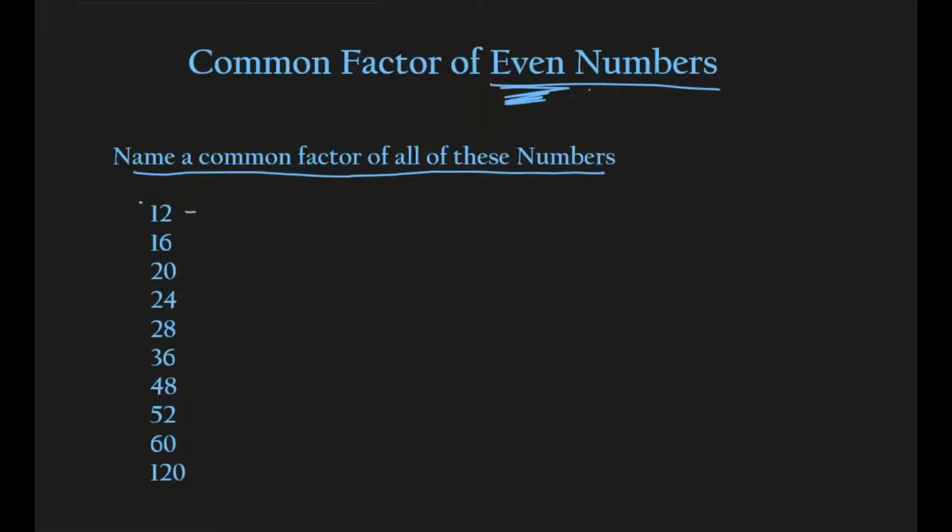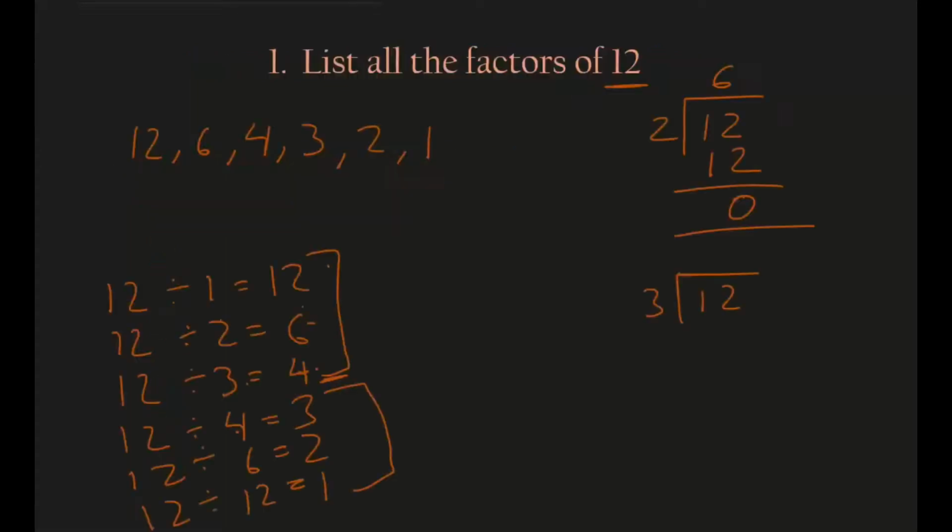So we have 1, 2, 3, 4, 6, and 12. If you don't know how I'm getting these, you can go back to the past question, because we listed all the factors of 12.